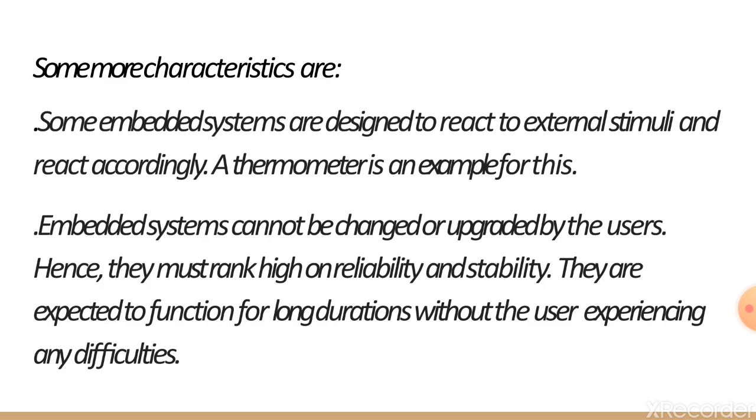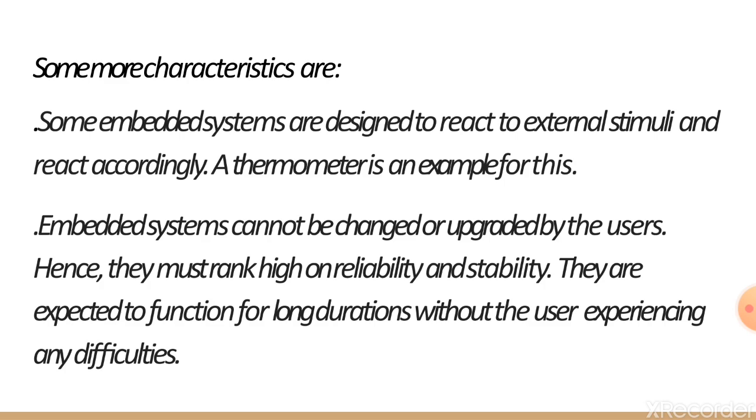Then coming to some more characteristics that can be taken, but are not that important. First, some embedded systems are designed to react to external stimuli and react accordingly. A thermometer is an example of this. Next, embedded systems cannot be changed or upgraded by the users.